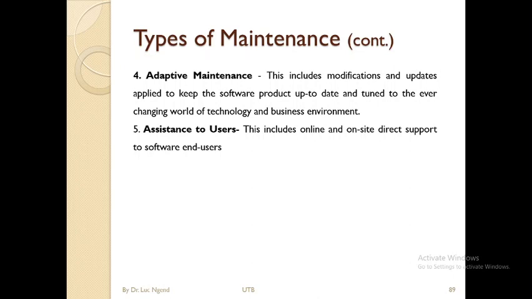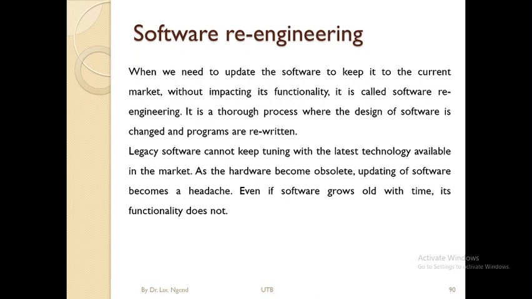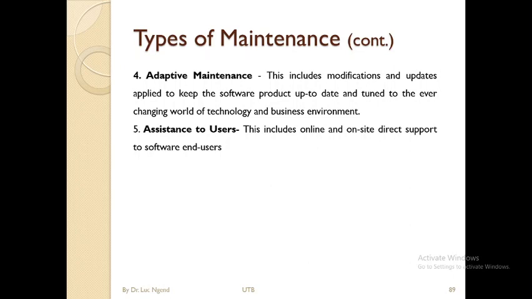On site means you come physically to assist the users after delivery, or you do it online on phone, for example, or using other software utilities. So these are the types of maintenance, and this marks the end of software maintenance.